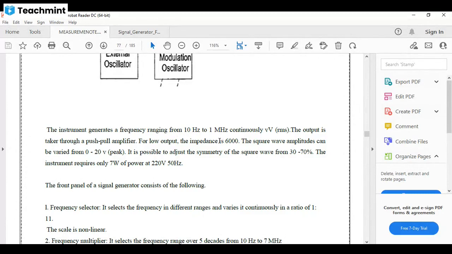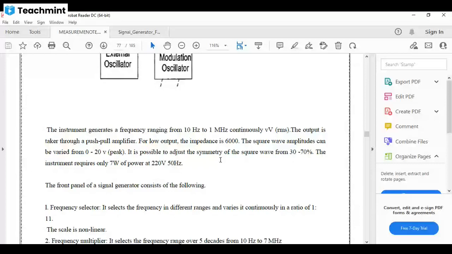The output is a push-pull amplifier, and for the low output the impedance is 600 ohms, and the square wave amplitude can be varied from 0 to 20 volts peak, and it is possible to adjust the symmetry of the square wave from 30 to 70%, and the power consumption is 3.7 watts at 220 volts, with supply frequency of 50 hertz.